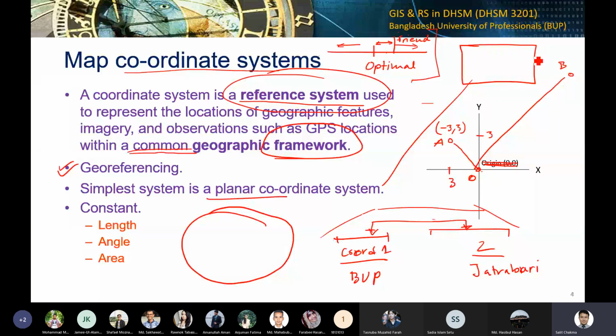Our wall map, or planar representation on a piece of paper, is always this rectangular shape. We're having South America, North America, Europe, then Pacific region, and also two polar regions on top and bottom.